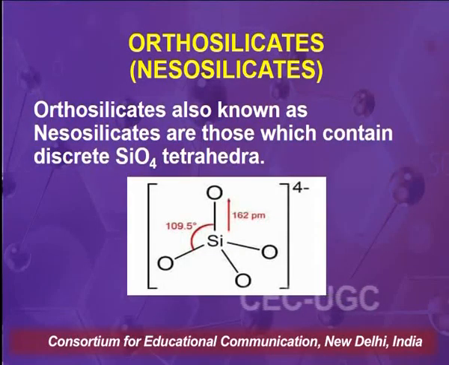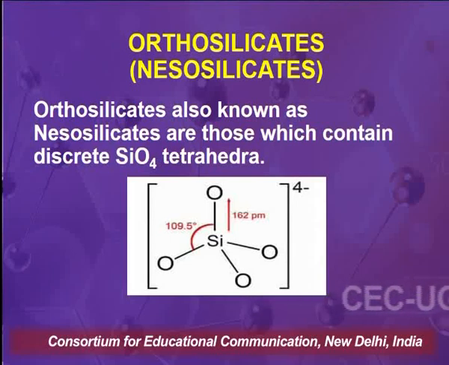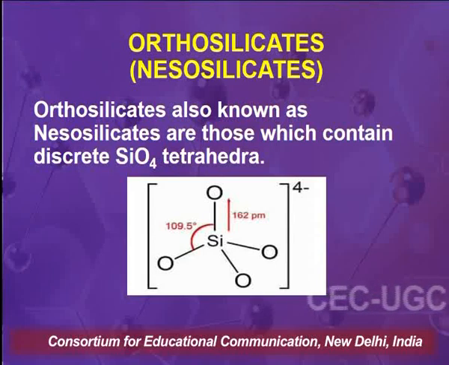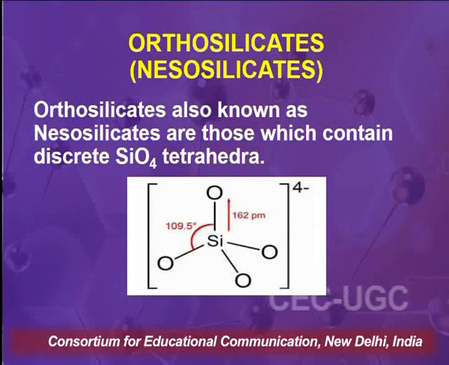Now we will discuss various kinds of silicates. The first type are orthosilicates, which are also called nesosilicates. They are those silicates which contain discrete SiO4 tetrahedra. Discrete means that they are singly present, and these SiO4 tetrahedra are not joined to each other by oxygen or in any other way at corners.